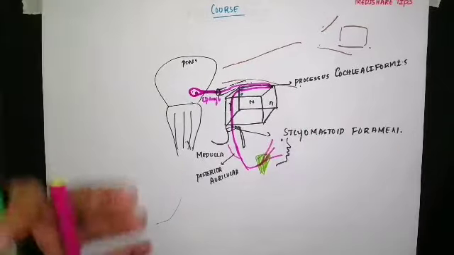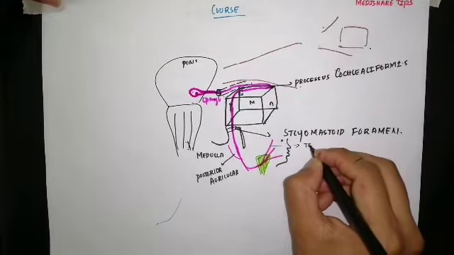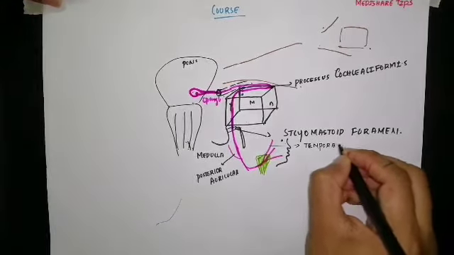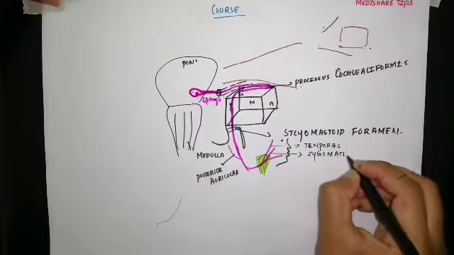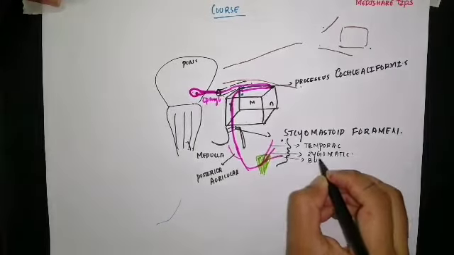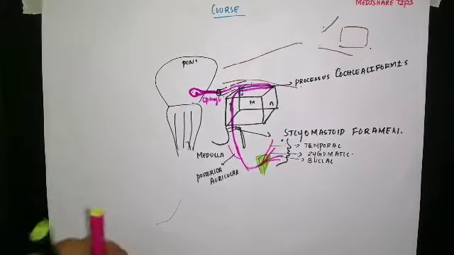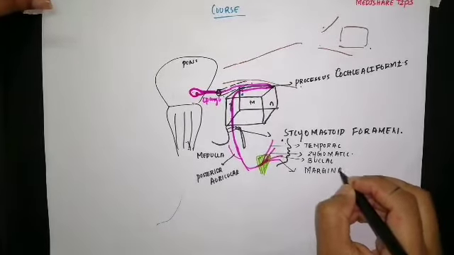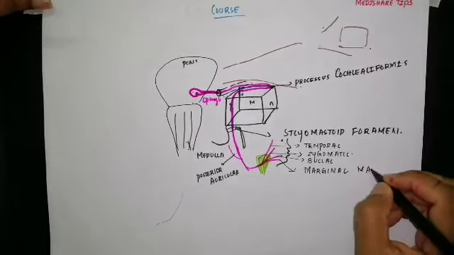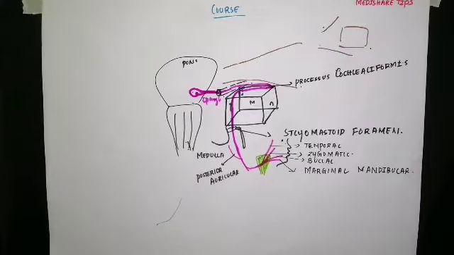This branch is known as temporal. This is known as zygomatic, buccal, marginal mandibular, next one cervical.